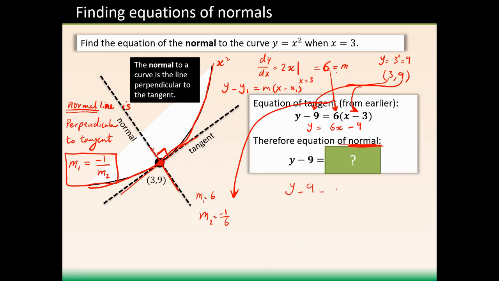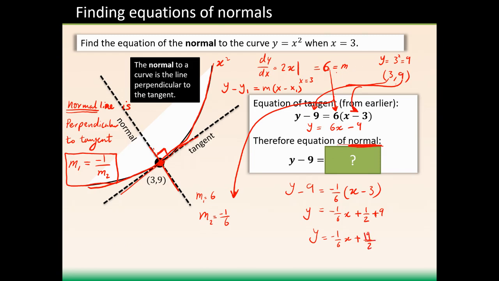So y minus 9 equals negative 1 over 6, open a bracket, x minus 3, and work this out. Multiplying out the bracket, we get negative 1 over 6 times x, and plus 3 over 6, which is a half, and then I'm just going to bring that 9 and write it next to the half. So y will be minus 1 over 6 x plus 9 and a half. 9 and a half, you can write as a fraction as 19 over 2.